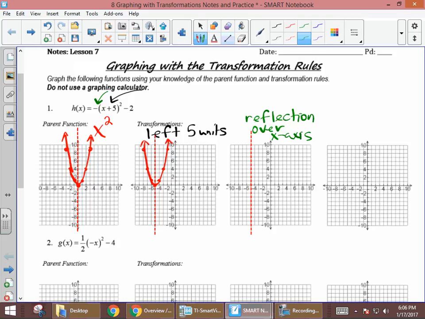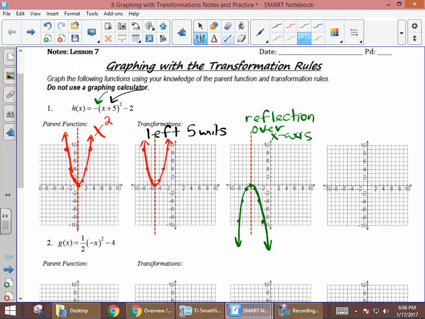Our vertex is still right there on the line, but now instead of opening up, it's going to open down. Instead of going up 1, it's down 1. Instead of going up 4, it's down 4, and then down 9 when you're 3 away. 3 away, 2 away, 1 away. And that one's off a little bit. It's not terrible. All right, there we go.